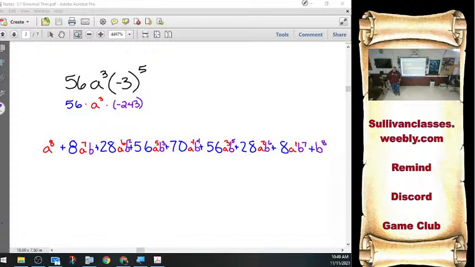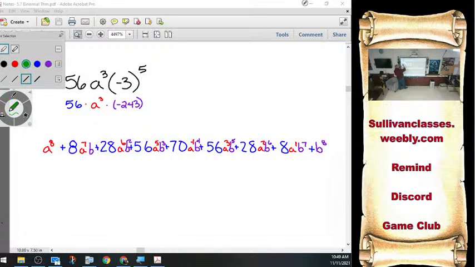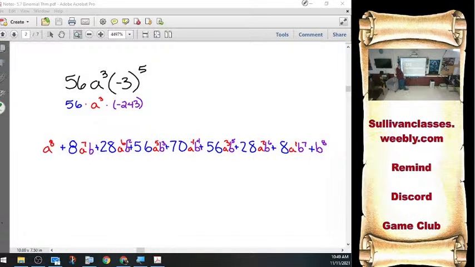Then multiplication. Negative to the fifth. It's 5 negatives. And then I will smash all of that together to get negative big number a to the third. Okay?